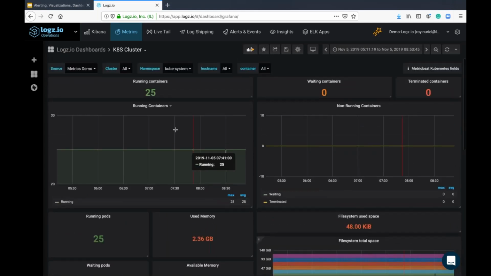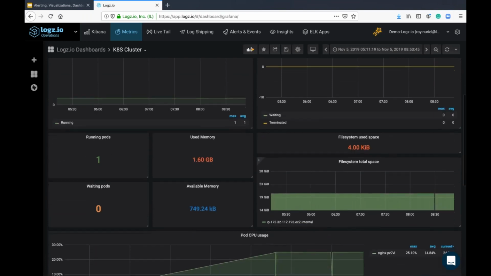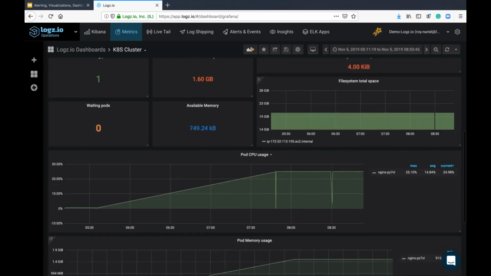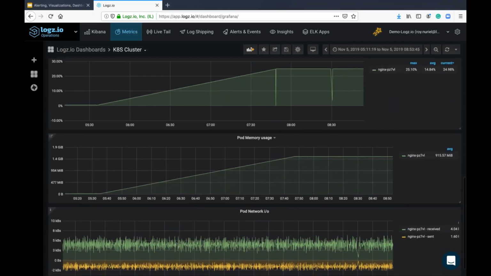I may want to filter that, so I can look at the specific container. I want to filter on Nginx to understand what's going on specifically on the Nginx container. And I can see over here that this is very problematic and disturbing. I can see that I don't have enough available memory. So obviously there is a specific problem on that specific container.